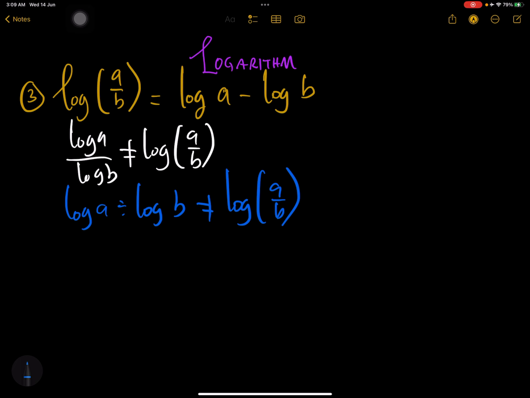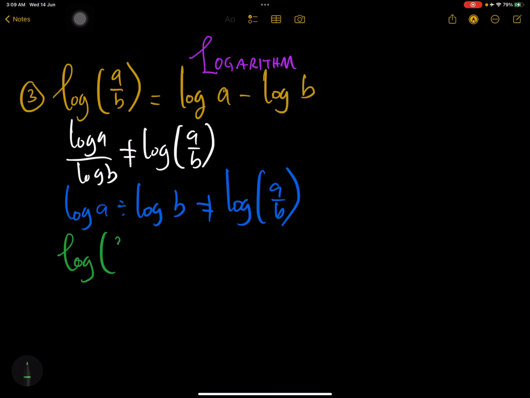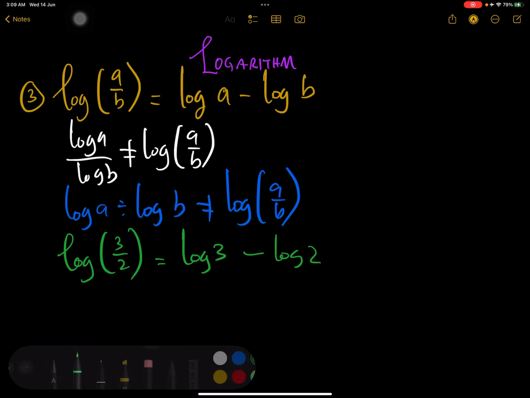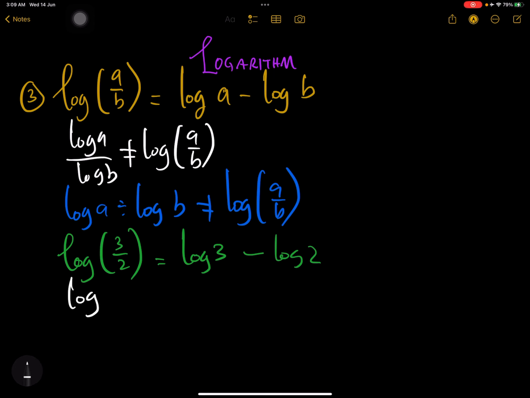So if we have something like, let's pick an example. Let's say we have log of 3 over 2. That's the same as log 3 minus log 2. If we have, let's say, log 5 divided by log 2, please, it is not the same as log 5 minus log 2.